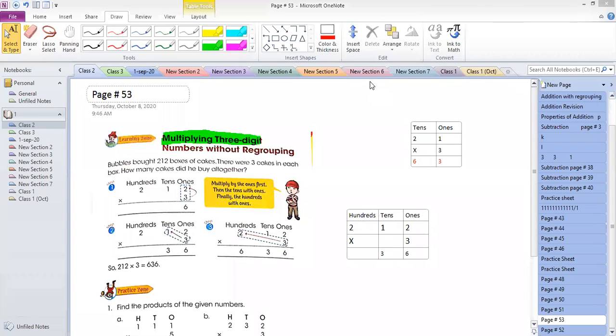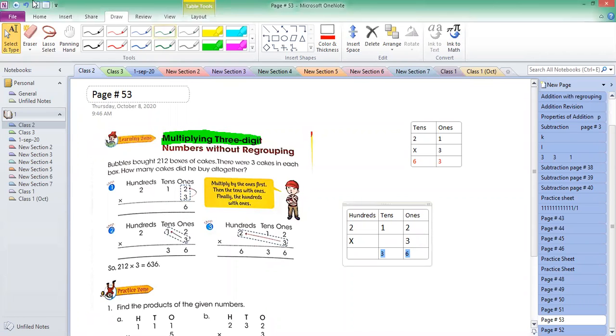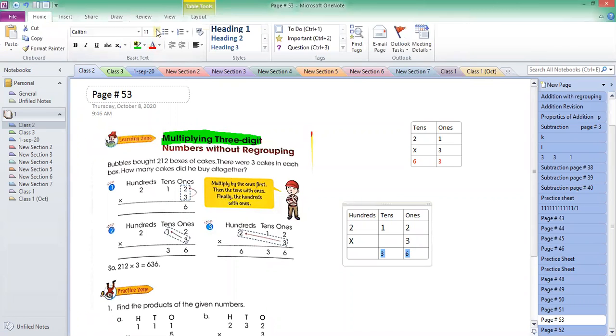Yes, sir. 3 multiplied by 2 is equal to, what? 3 multiplied by 2 is equal to what? Tell me the answer. 3 multiplied by 2. Check in the table here.